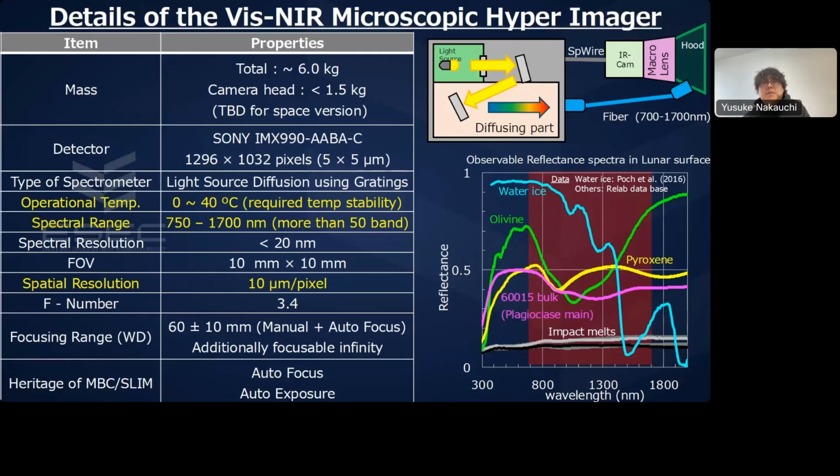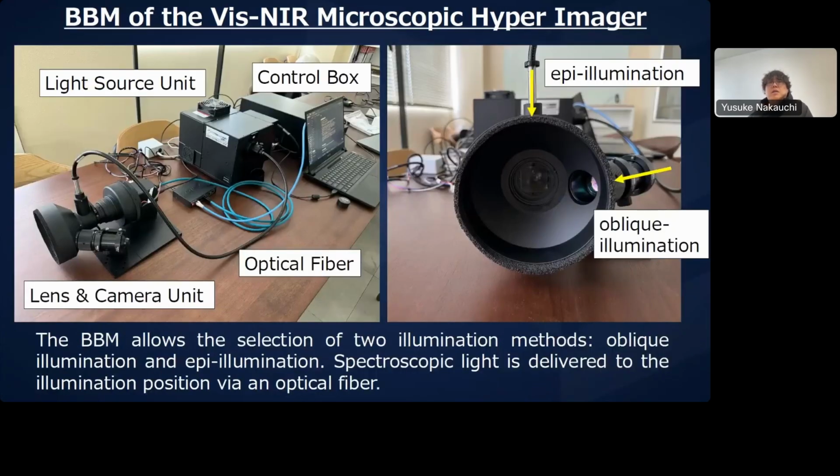This next figure is the BBM, the breadboard model, of the microscopic hyperimager. The light source unit is connected to the camera unit through optical fiber.